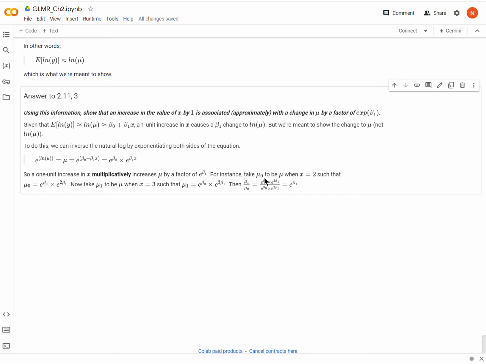Now my e to the beta naughts cancel out, and I'm left with e to the 3 beta 1 over e to the 2 beta 1. So all that we're left with is e to the beta 1. Again, what that means is, by increasing x by a unit of 1, I am increasing mu by a multiplicative factor of e to the beta 1, and that's what we were meant to show.